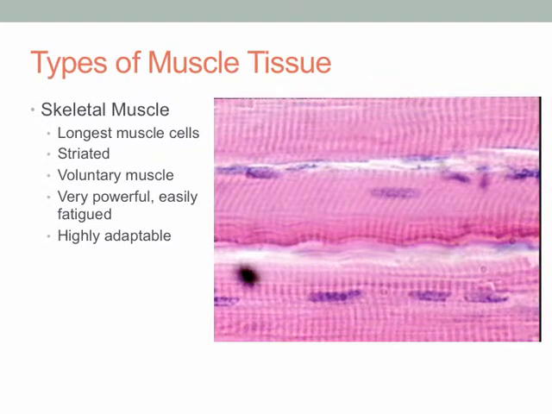All right, so let's talk about now the 3 muscle tissue types. The first being skeletal muscle. These are the longest of the 3 muscle tissue types, and that's one of the reasons why these cells are called muscle fibers. They are striated. That is a unique identifying feature. Cardiac muscle is also striated, so that's a similarity that they share.